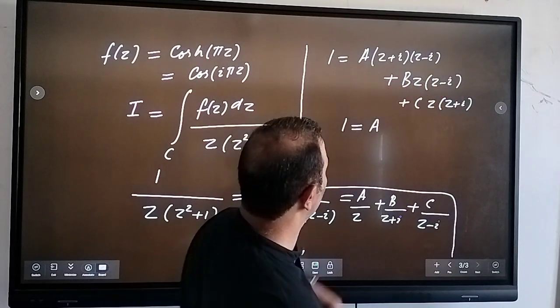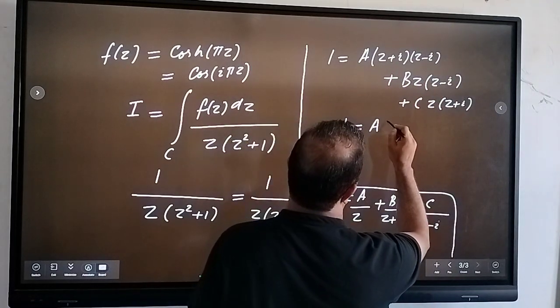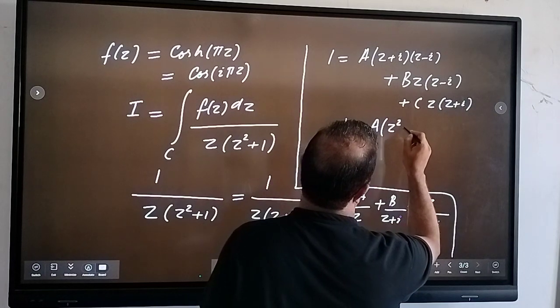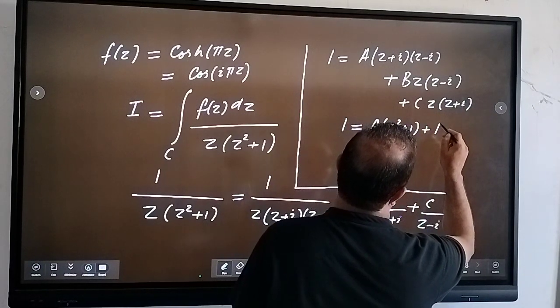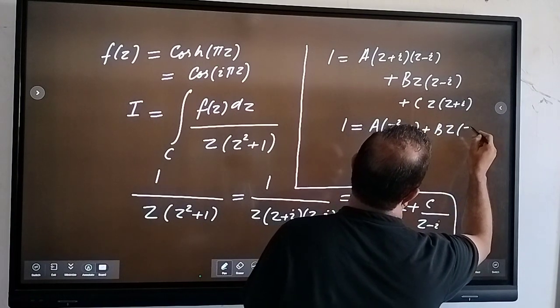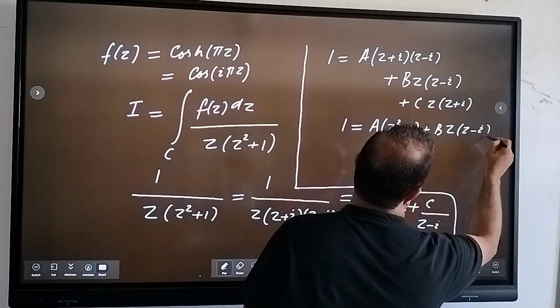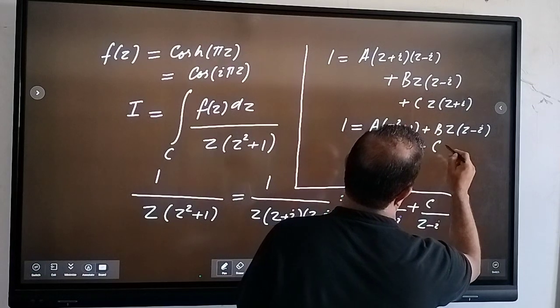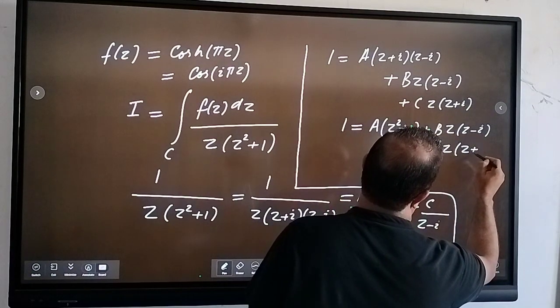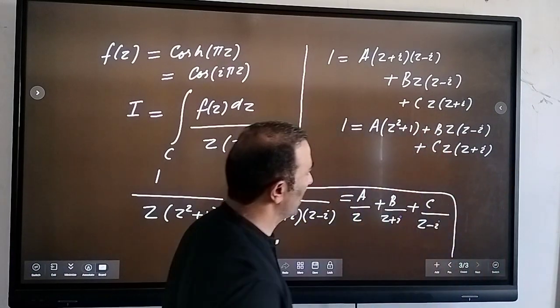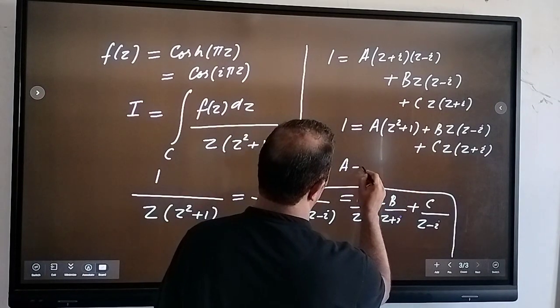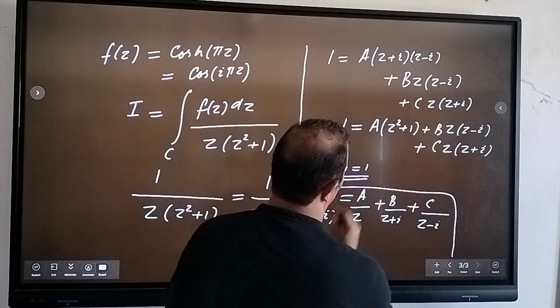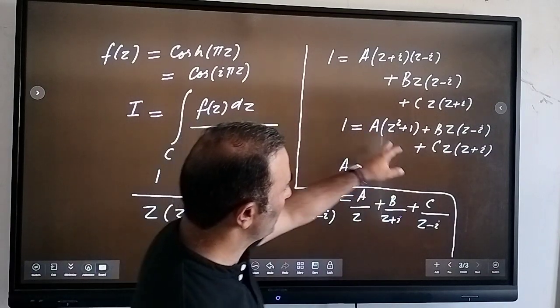Let me write it this way. It will be z square plus 1, plus b into z minus iota. Now we compare the coefficients of the constant terms, so a is equal to 1. Similarly, compare the coefficients of z square terms.